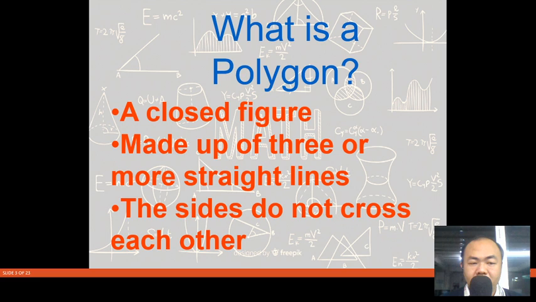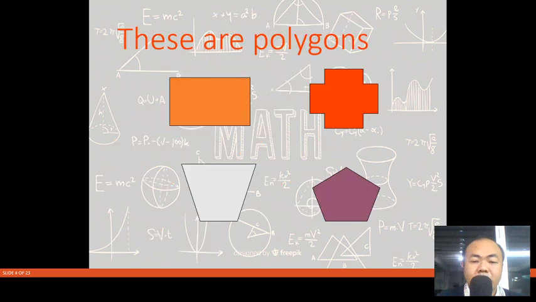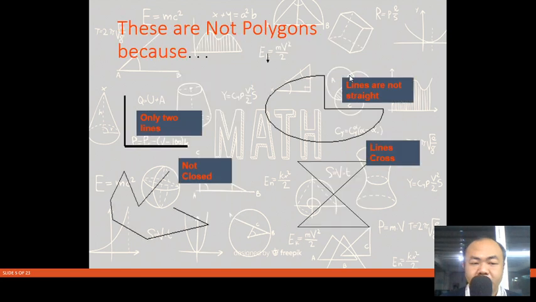These are polygons. On the top left you can see a rectangle, and below we have a trapezium, and then we have a pentagon, and some other shapes here. These are not polygons. In the first picture, there are only 2 lines, and it is not a closed shape.